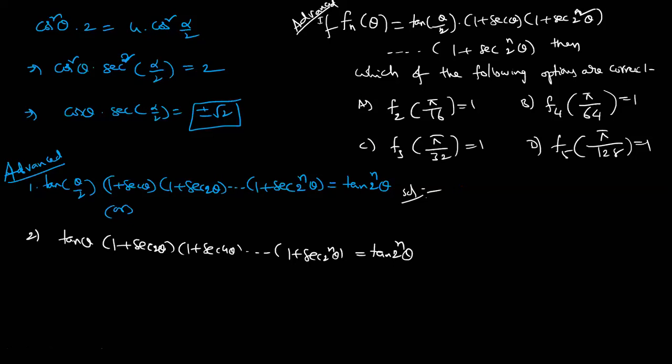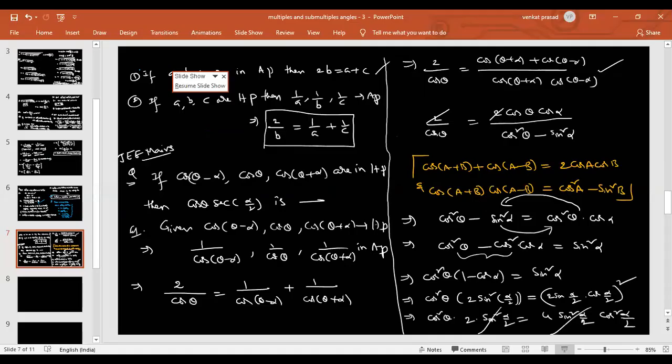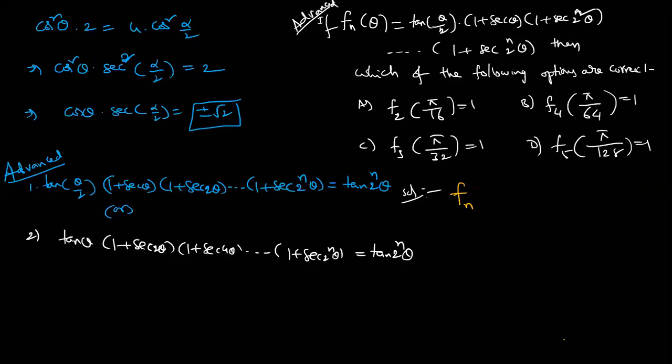So, dear students, f_n(theta), what is the formula? Directly shall I write this one? Anyone having objection? With the help of these two properties, please write this one.